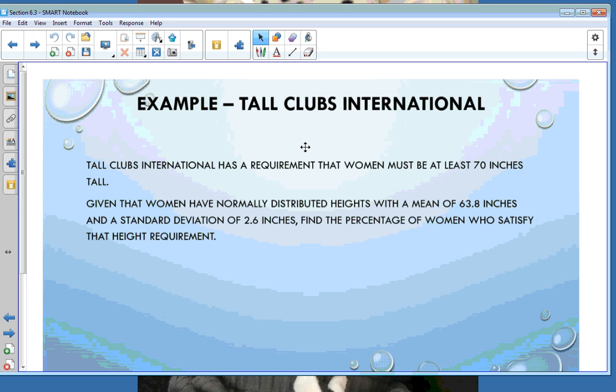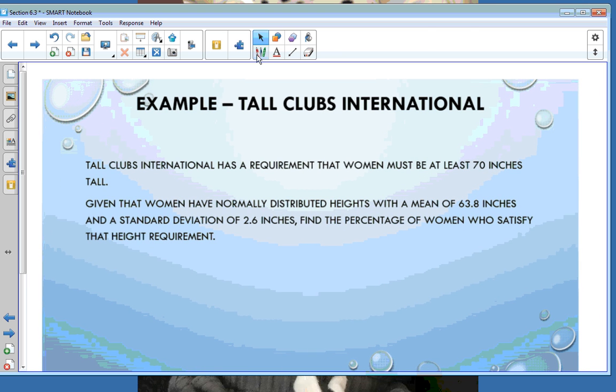Here's an example from Tall Clubs International. Tall Clubs International has a requirement that women must be at least 70 inches tall. All of these are critical reading parts that you have to get.